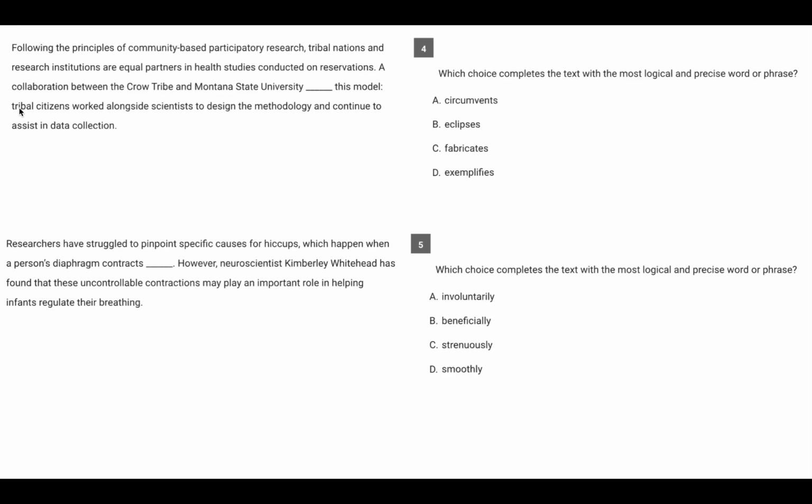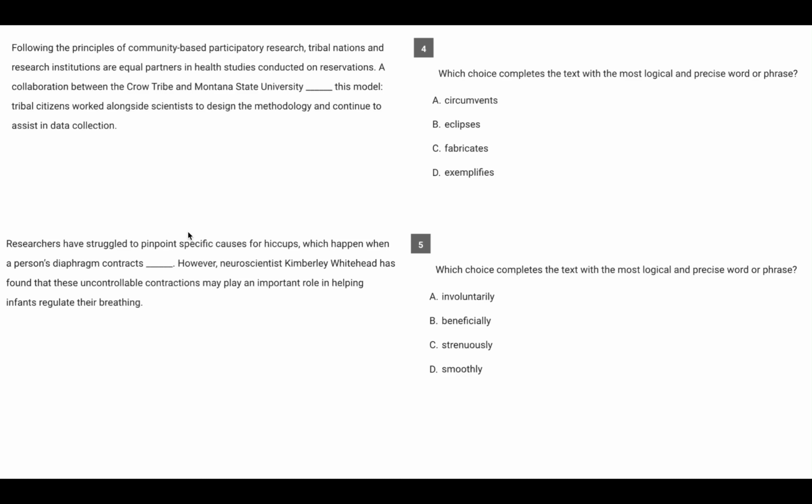And then we are having what? We are having an example. Tribal citizens worked alongside, and equal partners matches. So, what word is missing here? What are we doing to this model in the next part? We are exemplifying it. We are giving examples for this model. So, the correct answer will be D.